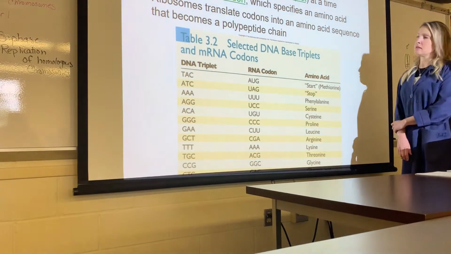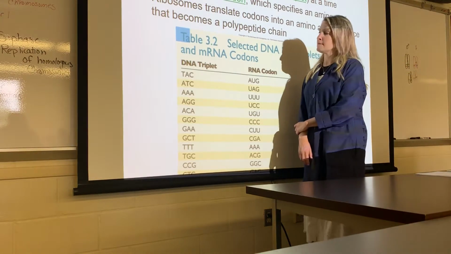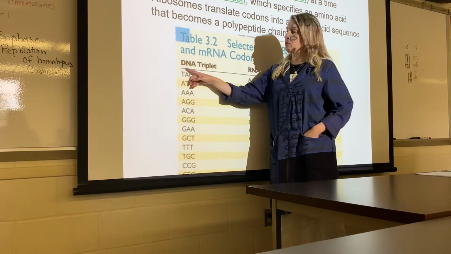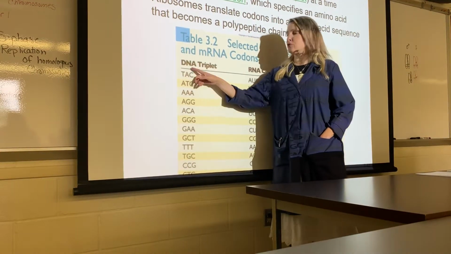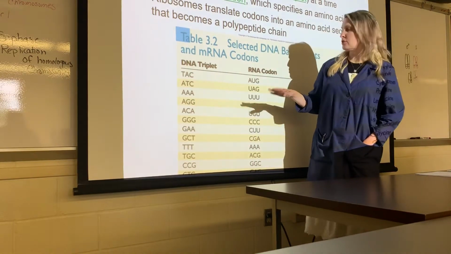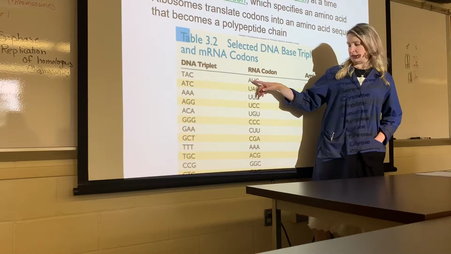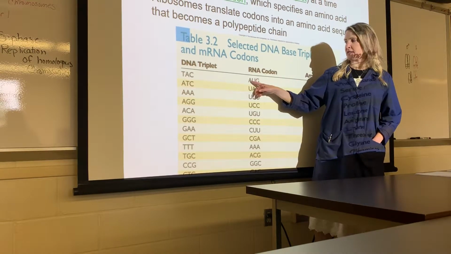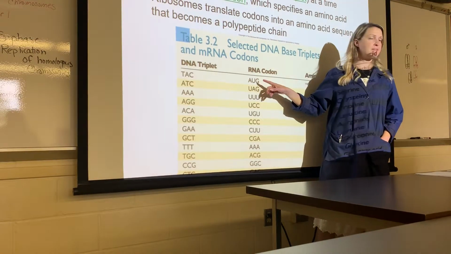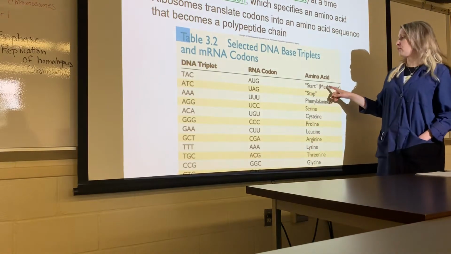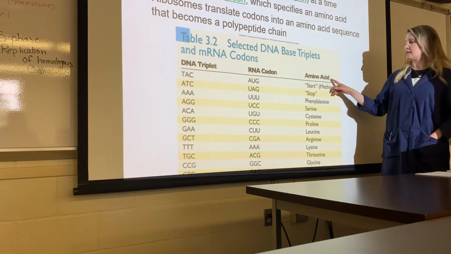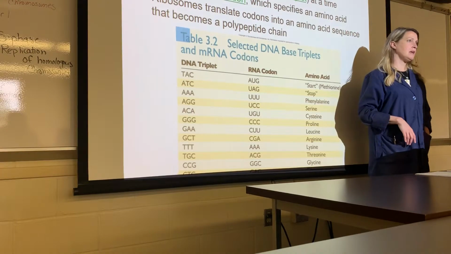Now on DNA, we have the 3-letter sequence, the triplet TAC. So our messenger RNA codon that is going to be complementary to that is AUG. And that codes for the start amino acid known as methionine.